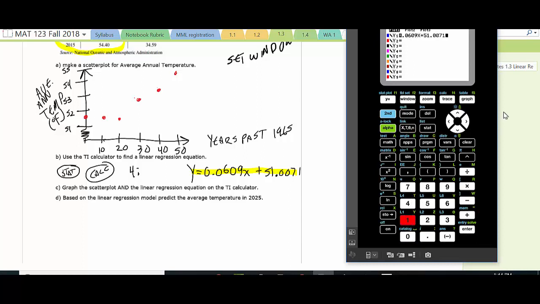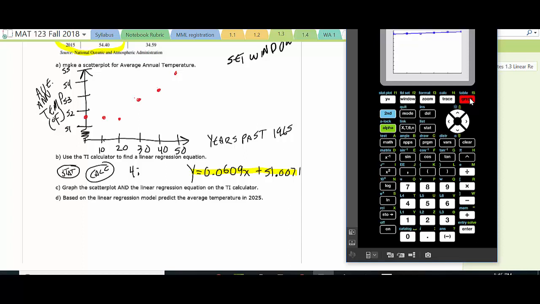All right, and then just press graph. Once you get that put in, press graph, and look what happens. What did it do? It made what we call a line of best fit. It turns out that line is the best way to get those dots close to that line. That's called a linear regression equation. And now that you have that, you can make predictions and answer questions about whatever situation we're looking at.